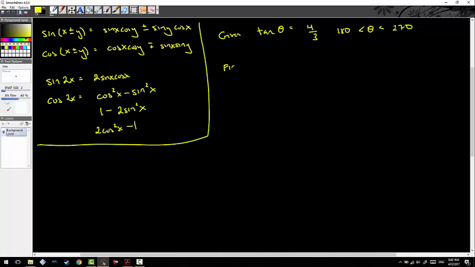If I was going to ask you to find sine 2 theta and cos 2 theta using this information, how would we do that?